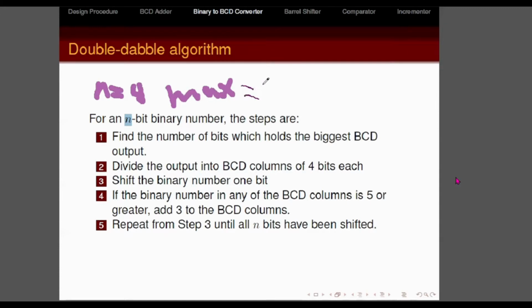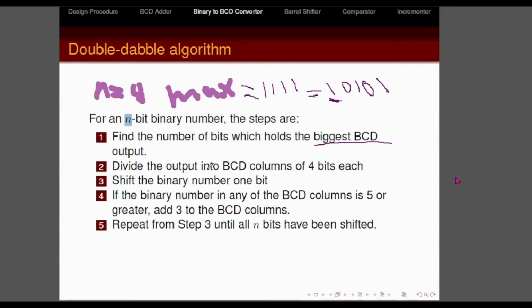So that is 1, 1, 1, 1, which in binary is 15. So what it means here is the biggest BCD is this one.